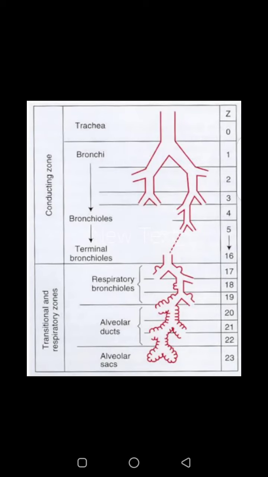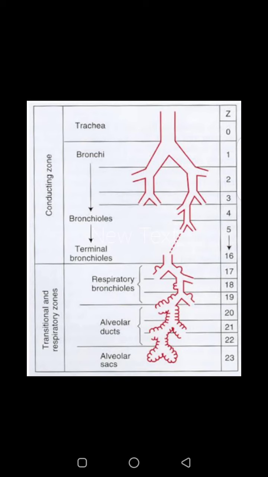In the conducting zone, gaseous exchange does not occur there. So the air contained in the trachea, bronchi, bronchioles, and terminal bronchioles, the air within that space does not participate in gaseous exchange. This may be due to the anatomical structure of the epithelial cells present there.